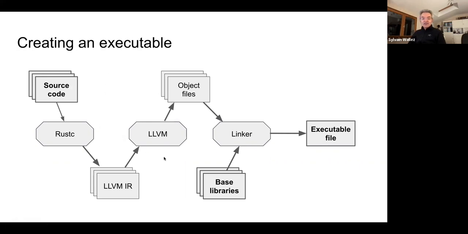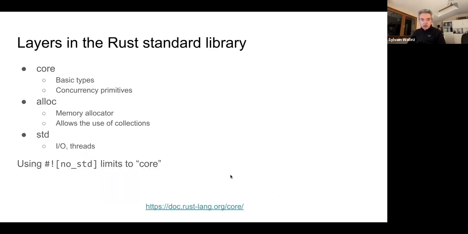So yeah, coming back to this no STD thing. Creating an executable also goes through different steps. Rustc is based on LLVM, so it generates the intermediate representation, and then we use LLVM to translate that to whatever target architecture we use. And the thing is that we link with a number of base libraries. So the Rust standard library is organized in roughly 3 different layers.